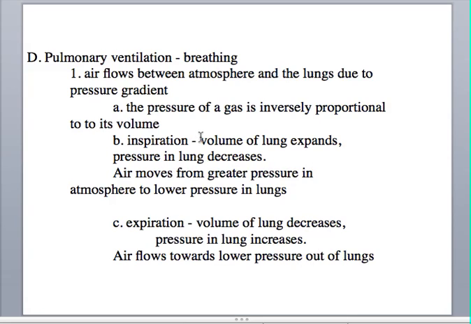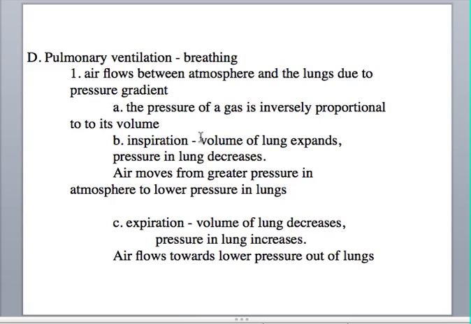Inspiration is a process in which the volume of your lung expands. If you just take a deep breath right now and you inhale, you feel your chest expanding, so the volume of your lung is increasing. And as the volume increases, the pressure inside your lung decreases, just as if you had a can full of gas and you made the can larger, there would be less pressure within the can.